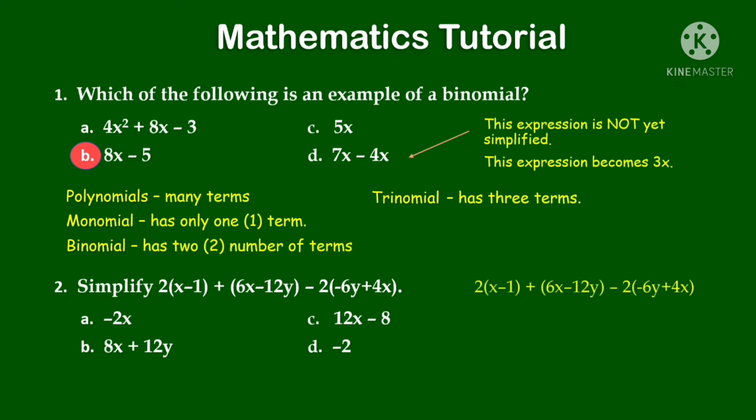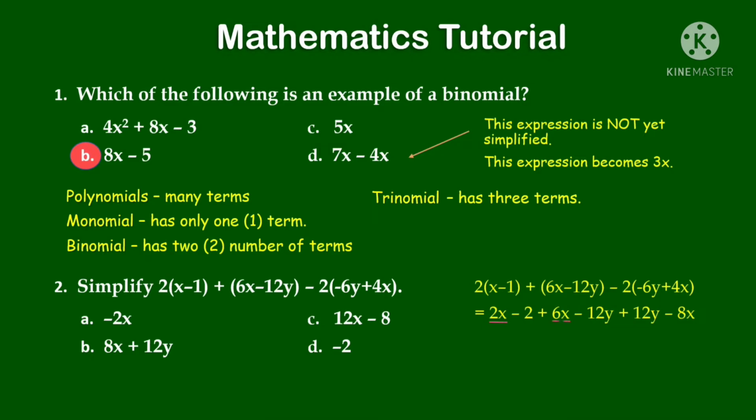So learn how to multiply an algebraic expression using distributive property of multiplication. In that case, we are going to multiply 2 times x and 2 times negative 1 becomes 2x minus 2. Then the same procedure plus 6x minus 12y plus 12y minus 8x.